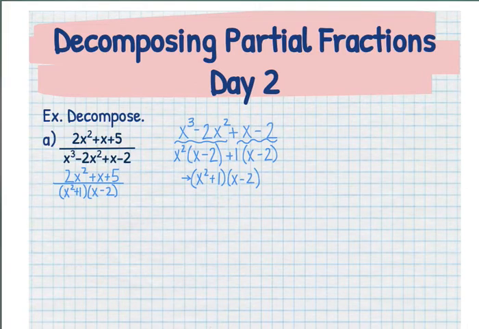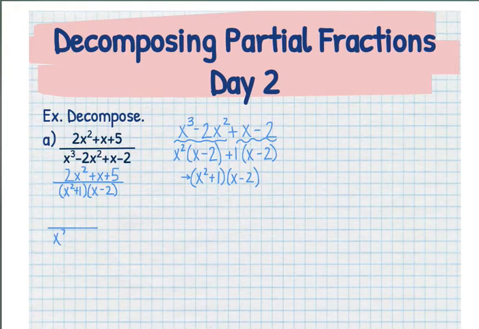So now we need to determine our terms. One of our denominators is going to be x squared plus 1. The other denominator is going to be x minus 2. Now this denominator is quadratic. Since it's quadratic, I need Ax plus B up on top.